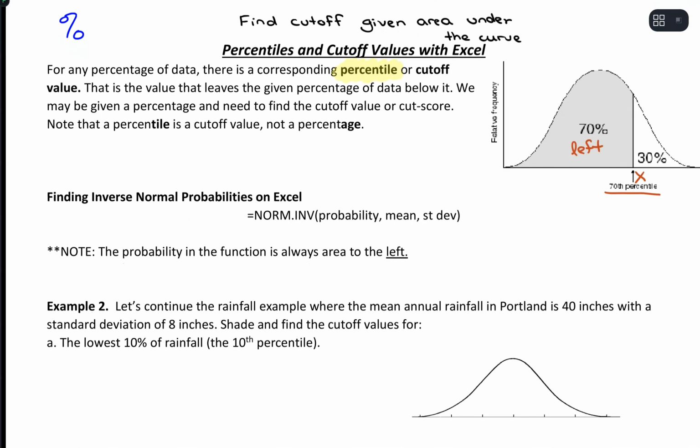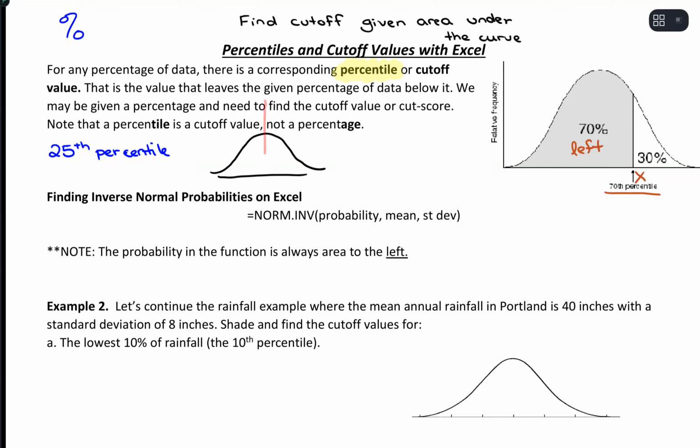Let me do one more example with this. If I needed to draw the 25th percentile, and I'm using the normal model, then what I would have is a bell-shaped curve. What can help visually is that halfway, where the mean's landing, that's your 50%, 50%: there's 50% of the data below, 50% of the data above. For this 25th percentile, I'm creating a 25% area to the left-hand side.